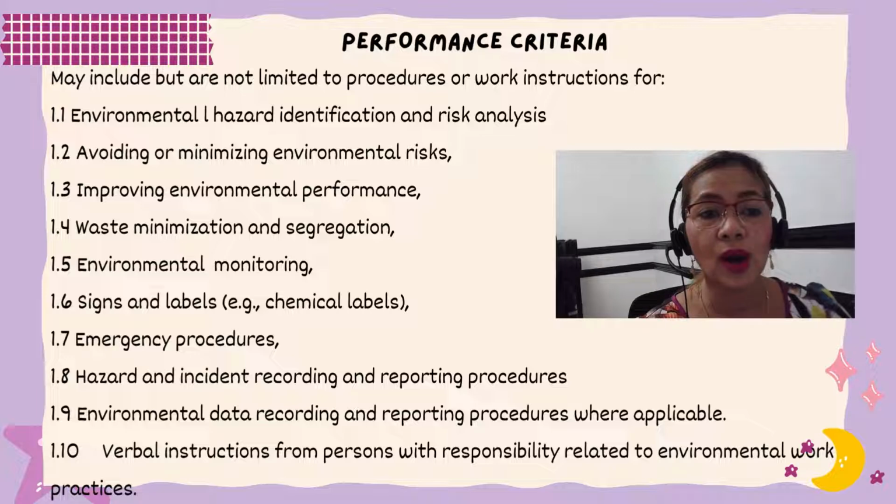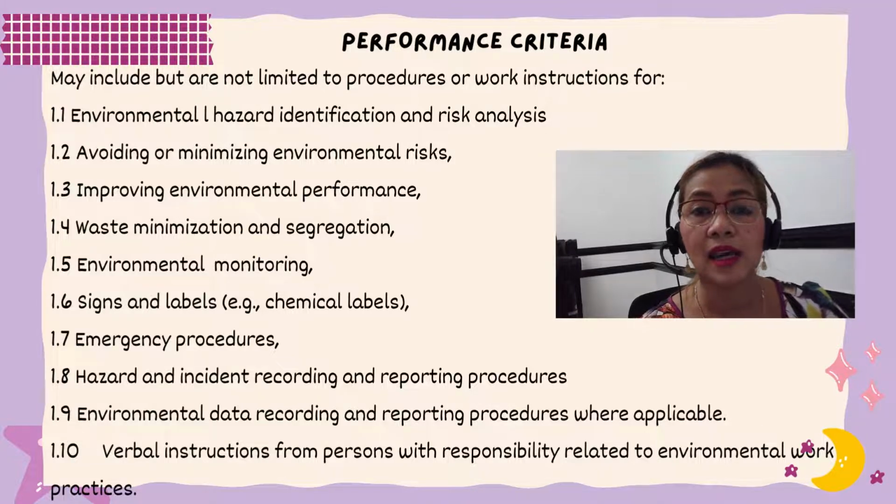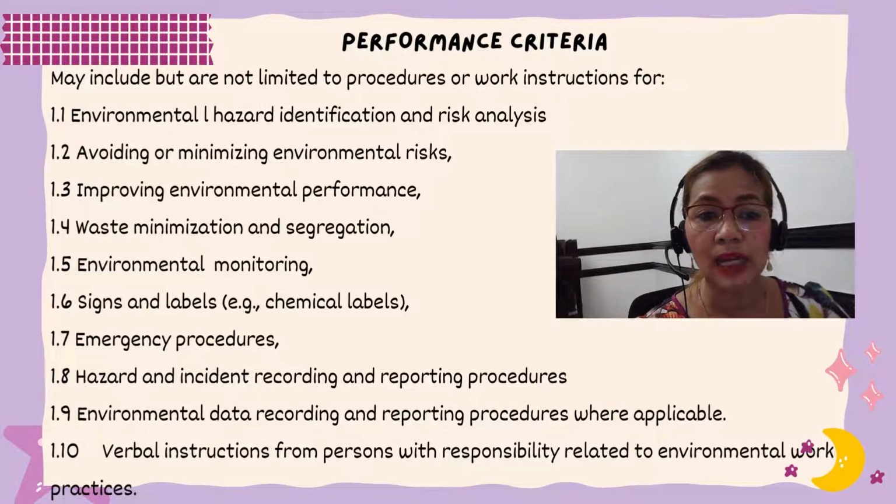Second is avoiding or minimizing environmental risk. So as a member of the training methodology, as a trainee or as a trainer, what will you do to avoid or minimize the environmental risk?